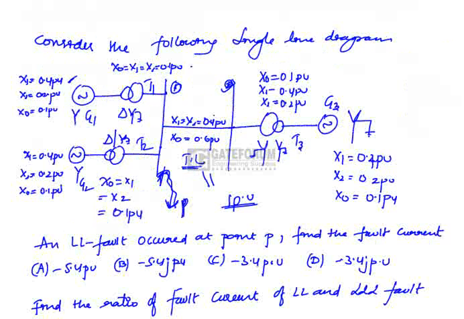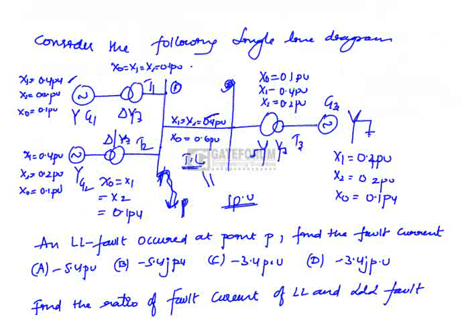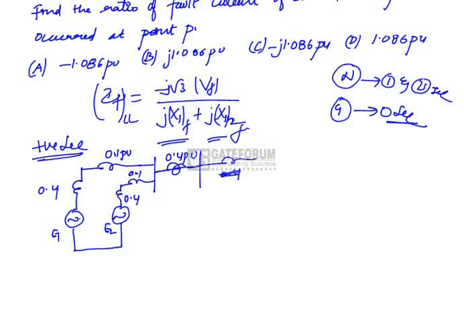We know here positive sequence reactance as 0.4 per unit. After that we have transformer. He has given the transformer reactance x0, x1, x2 as 0.1 per unit. So this is replaced with 0.1.